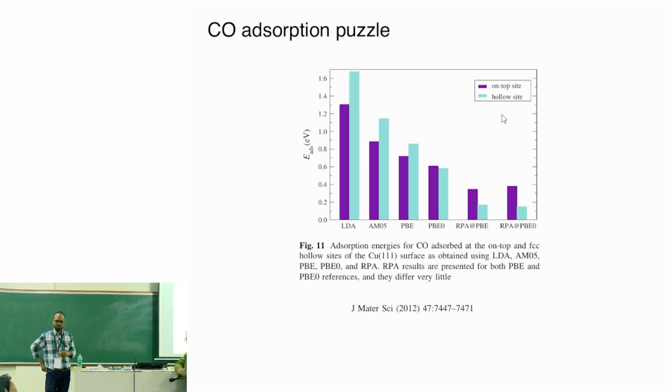I am talking about the ordering between the hollow and the on top site. I will be suspicious because the dispersion will not change much, right? I'm saying, will it really change so much based on D corrections?